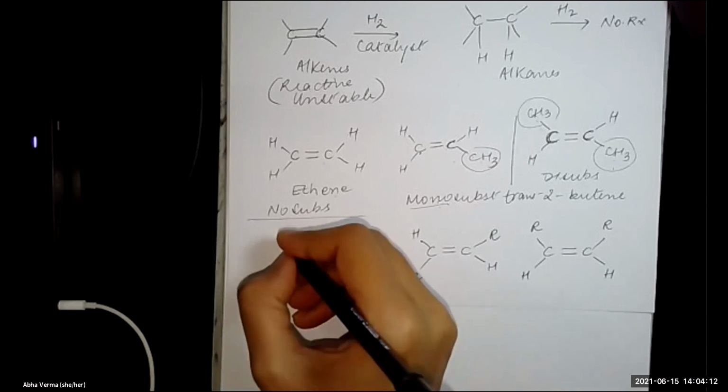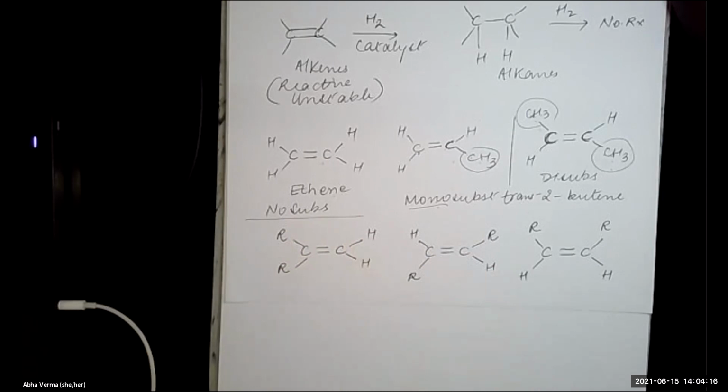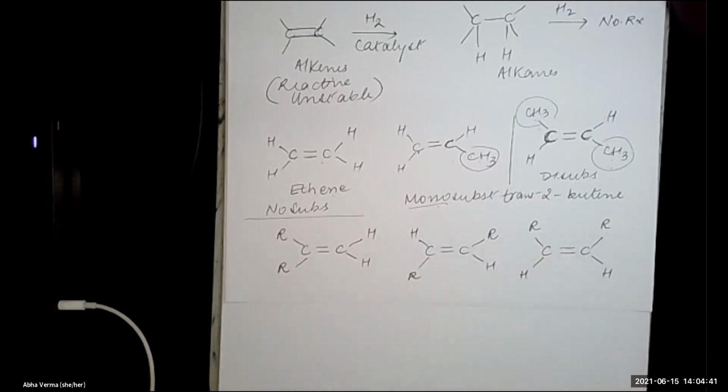I can also have di-substituted alkenes in this manner, where both the alkyls are on the same carbon. Are you all following this? So all of these three are di-substituted alkenes. Two hydrogens, two alkyl groups, in each case.